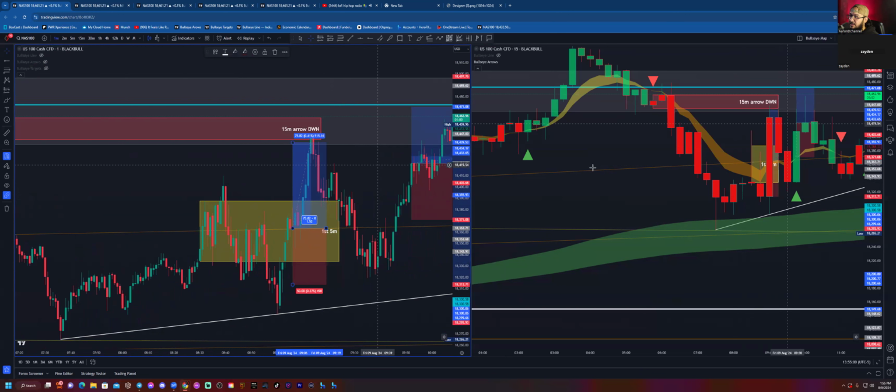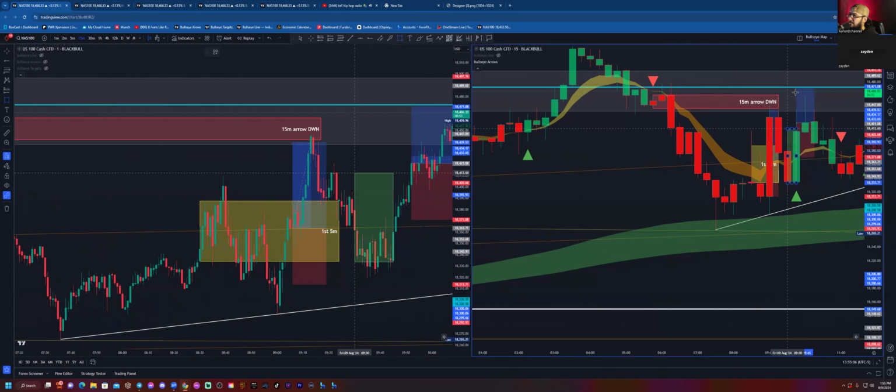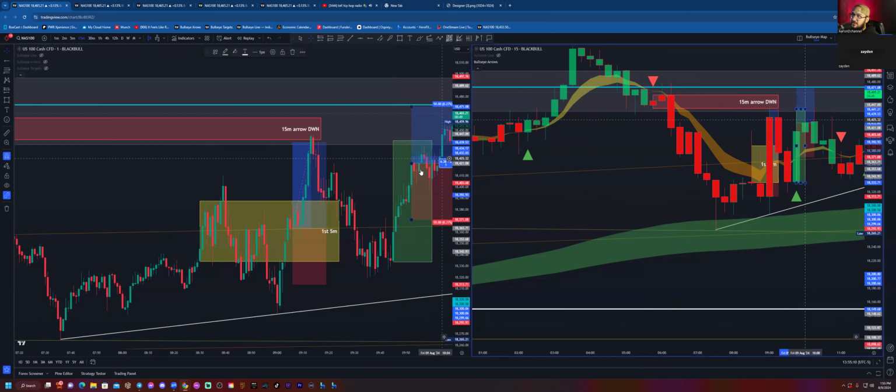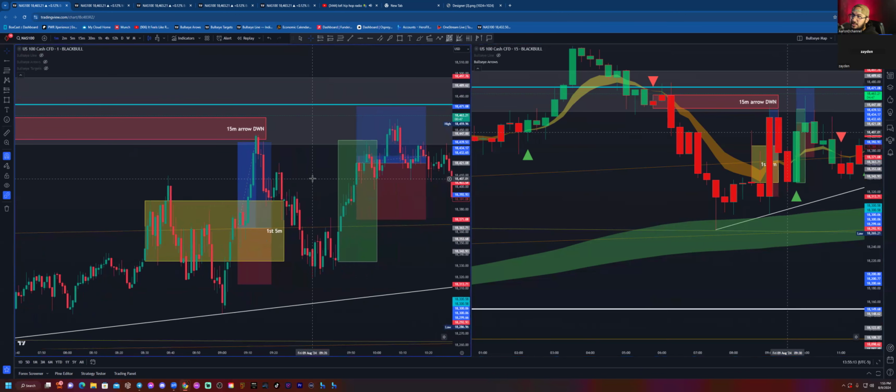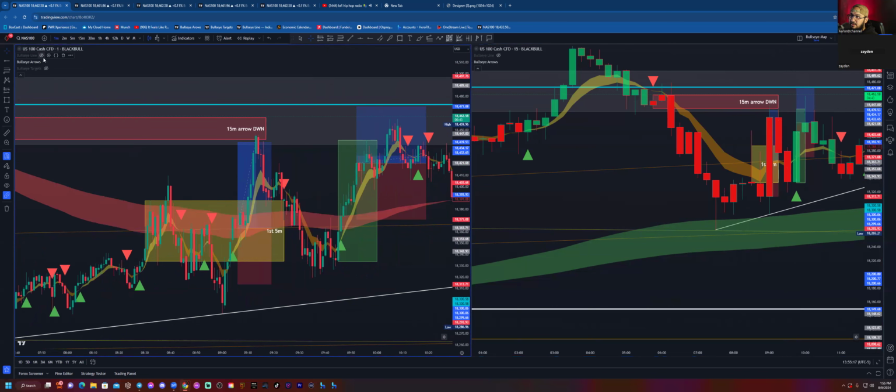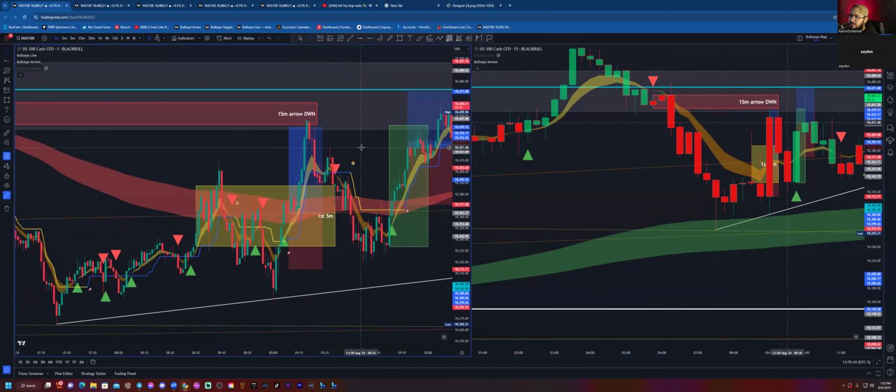Now, while we're waiting, while we're watching price print, we see a 15-minute green cloud up here, which happened right here. So now, why did we click buy again? All right, it looks like we had a rocket ship, right?